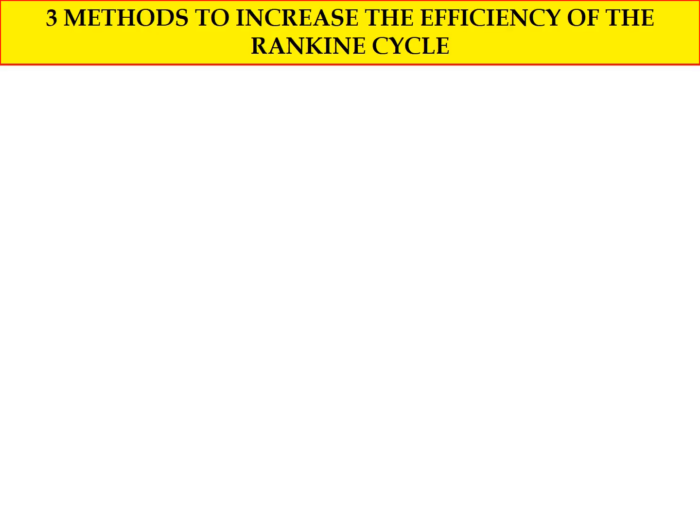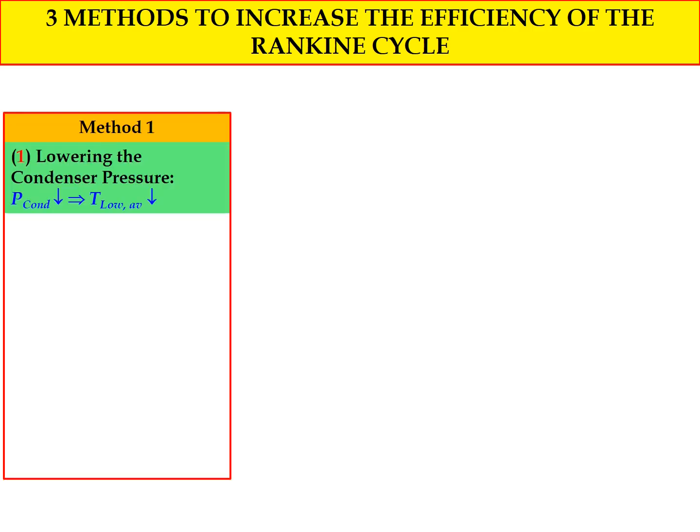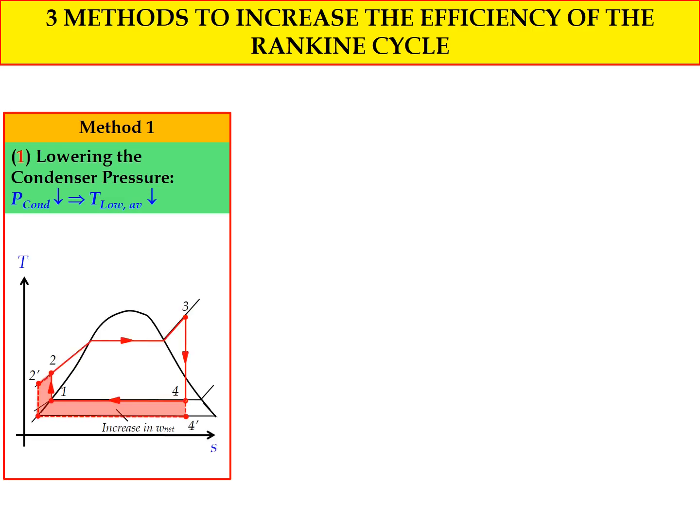Okay, as the summary, in terms of the methods to increase the efficiency of the Rankine cycle, we have three general methods. First method, lowering the condenser pressure. If we can reduce the pressure at the condenser during the heat rejection process, the average low temperature will reduce, so we will increase the value of W net for the Rankine cycle, as shown in the TS diagram.